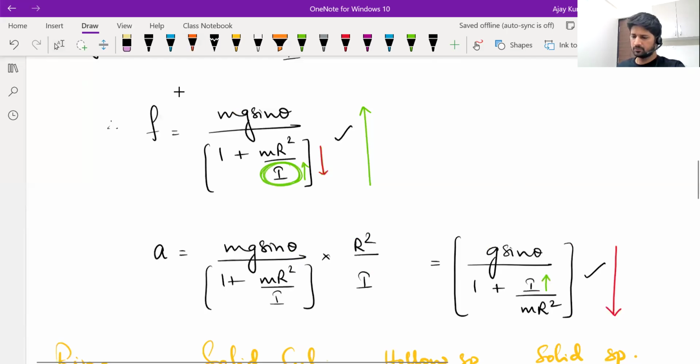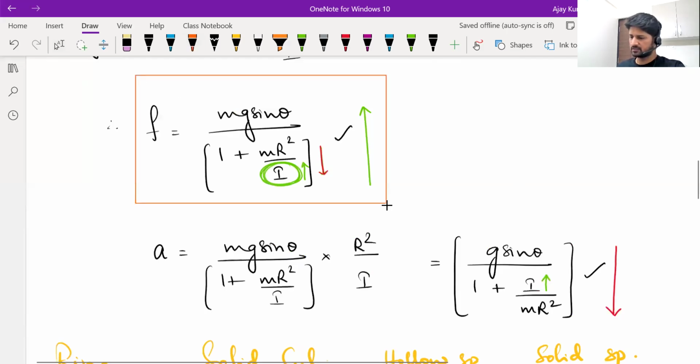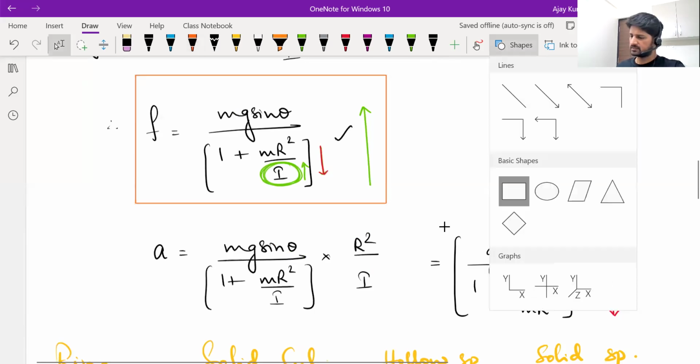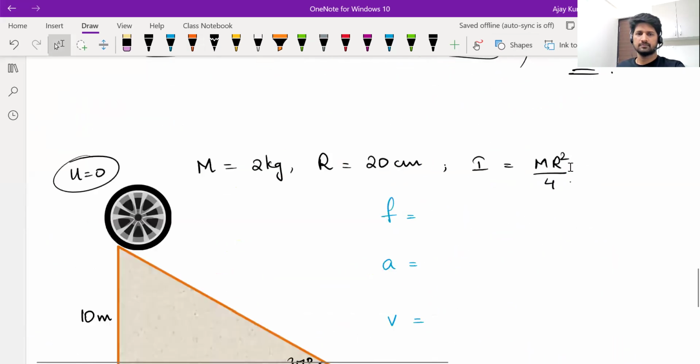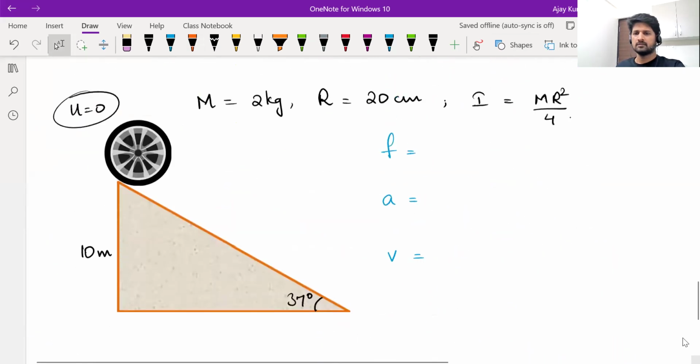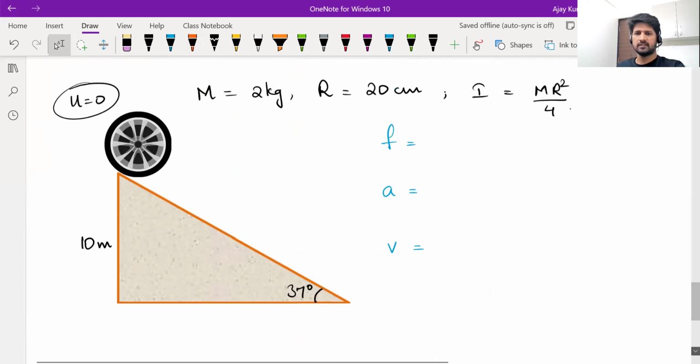If friction is sufficient to prevent slipping, this is the amount of friction that acts, and in that case, this is the acceleration of the object. Use those formulas here and derive quickly. I'll give you all 3 minutes. You can directly apply the formulas.